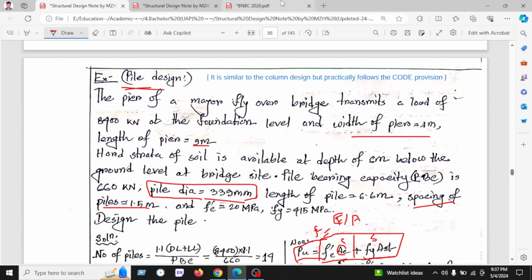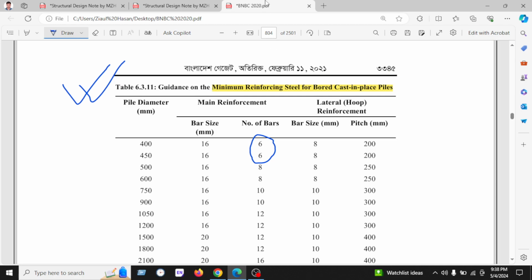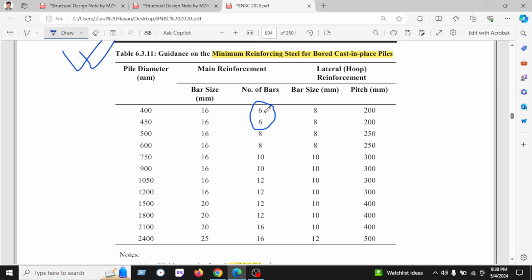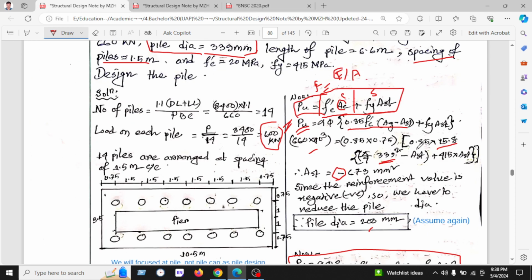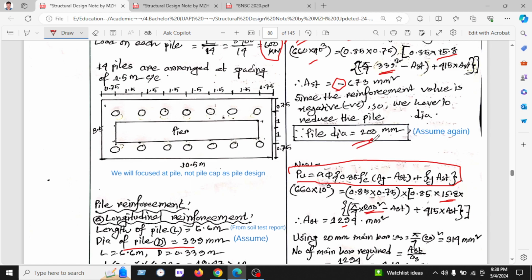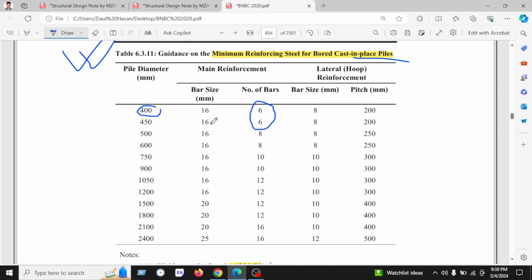Now we can see the code provision. I want to share the BNBC, which is the Bangladesh National Building Code. The minimum reinforcement for bored cast in situ pile is here. Here the pile dia is 400 millimeter, but we have designed for 200 millimeter. As far as I know, they assume 200 millimeter and bar size 16 millimeter, and the minimum number of bars we have to use must be not less than 5.